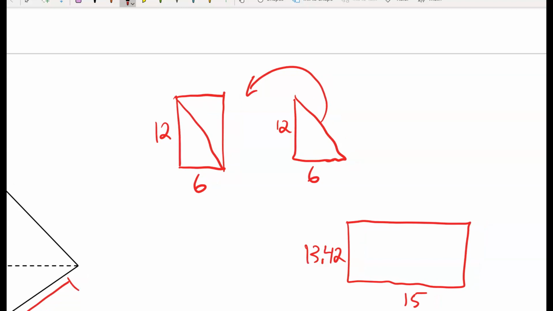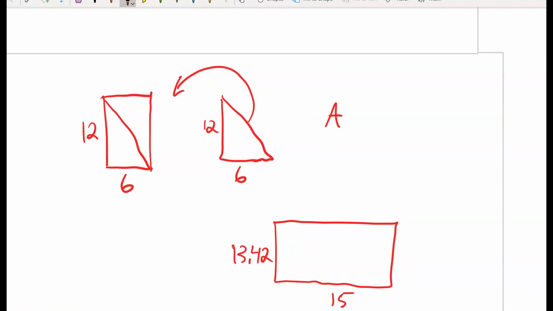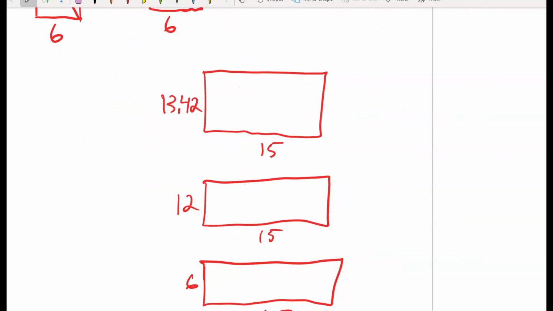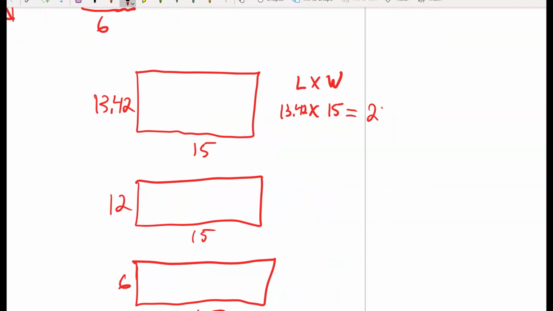So the first thing we need to do is the surface area for the triangles, which equals 6 times 12. 6 times 12 gets us 72. For the rectangle here, we do length times width. So 13.42 times 15 gives me 201.3.